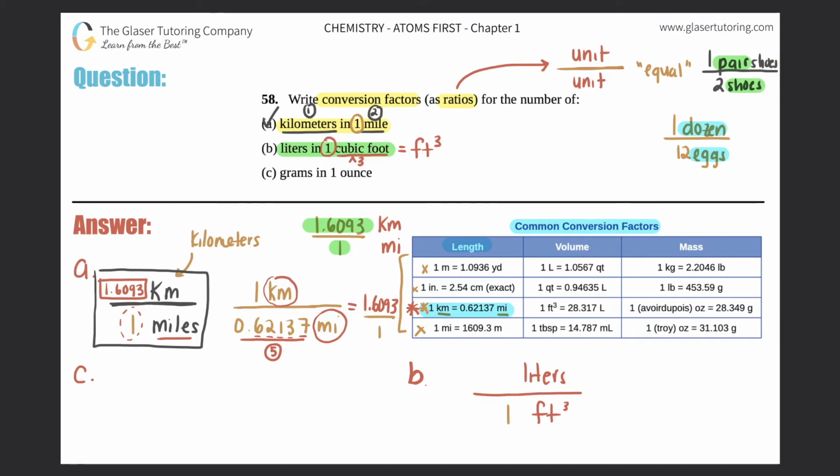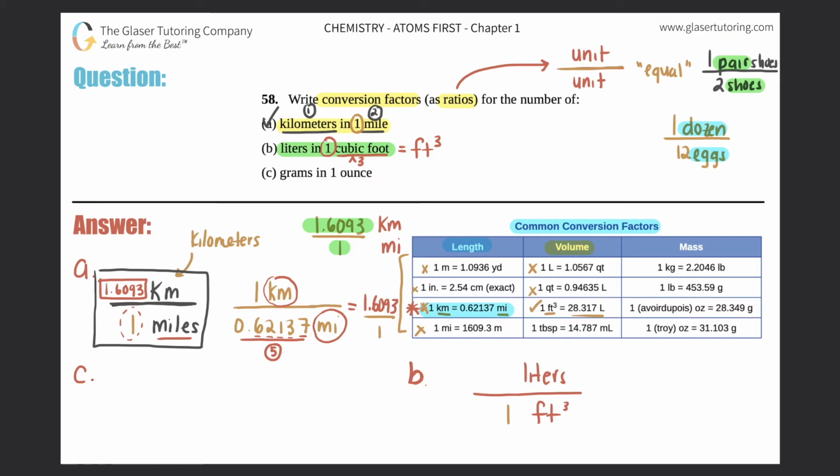Now I'm going to scan my conversions to see if I could find the conversion factor. So I know that liter and cubic foot is a volume, so I'm in the second category. And let's see. I'm not going to use this one because that's liters and quarts. Quarts and liters. Here we go. Feet cubed and 28.317 liters. So I will use this one.